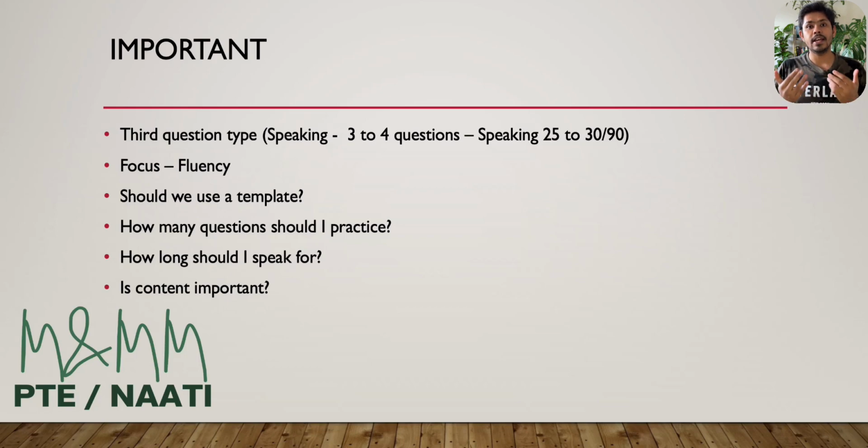So if you're speaking clearly, if you're speaking in a way that the person or the software clearly understands what you're saying, you're speaking without hesitation, without taking long pauses, and you're speaking flawlessly, that is good fluency. So that is what you need to be careful about. Your focus is fluency and not anything else in describe image. If you focus on fluency, you will nail this topic.